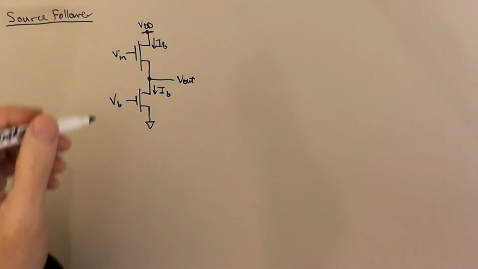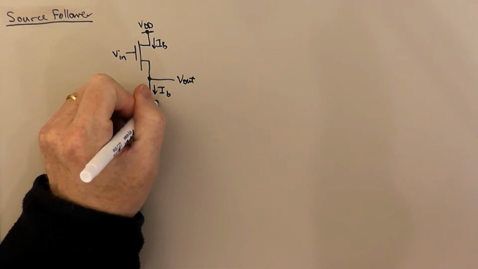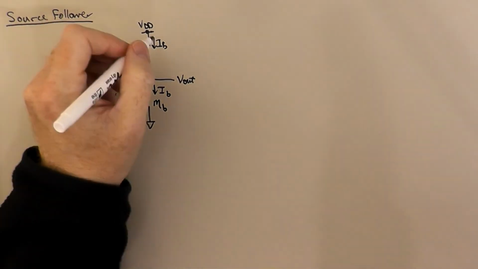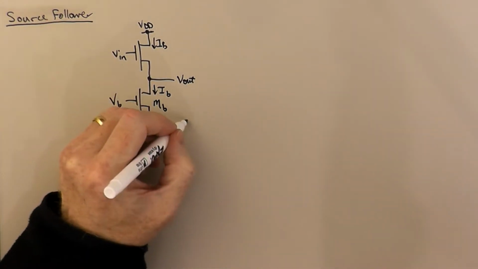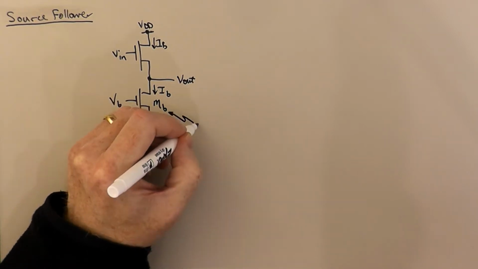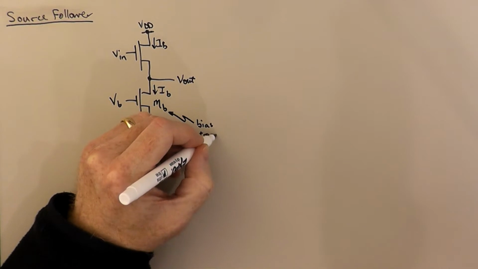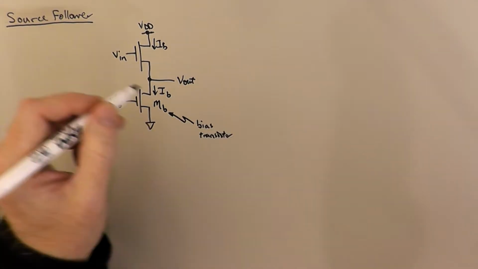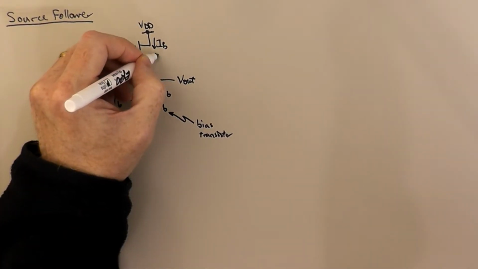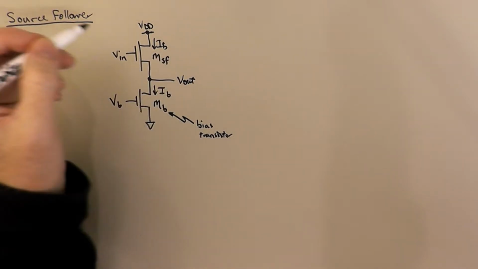So we would like for the transistor MB, the bias transistor, to operate as a constant current sink. So this is the bias transistor. And we're going to call this the source follower transistor, MSF.